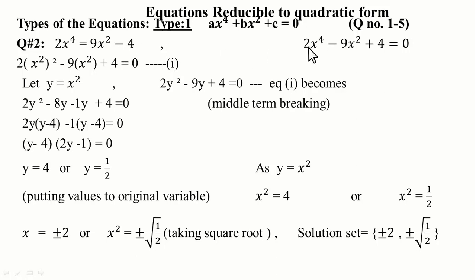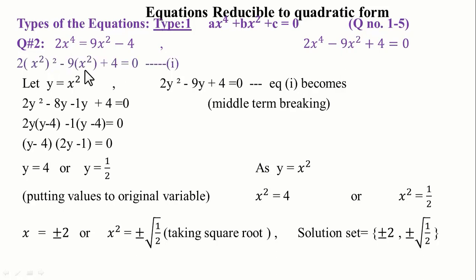This implies that 2x to the power 4 minus 9x square plus 4 is equal to 0. Now we write it in quadratic form: 2 into x square whole square minus 9x square plus 4 is equal to 0. Call this equation 1.